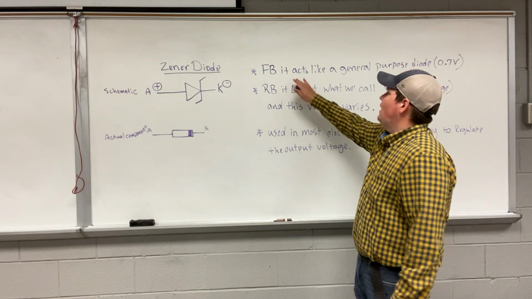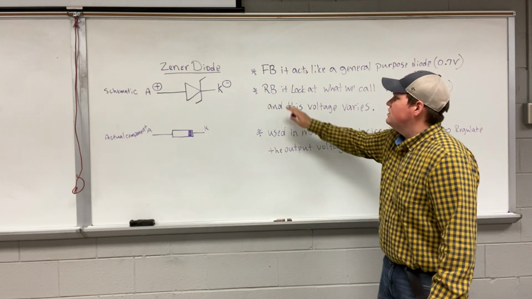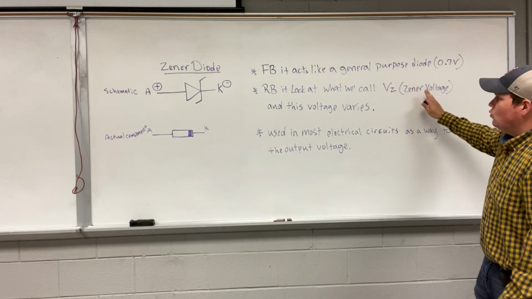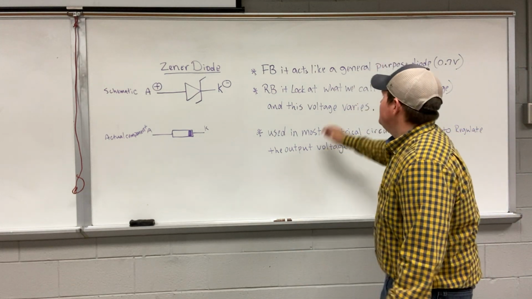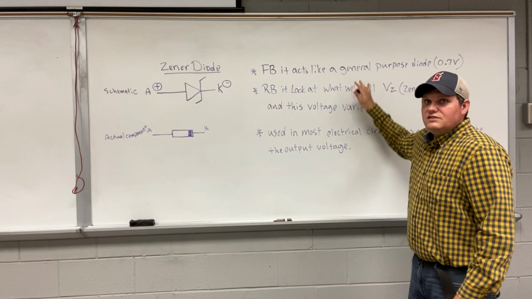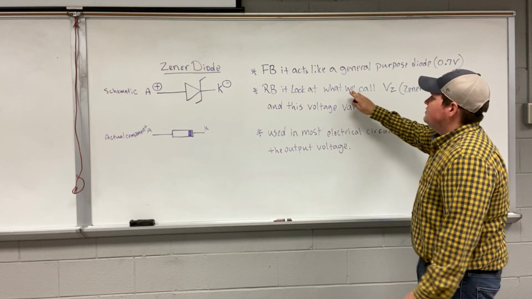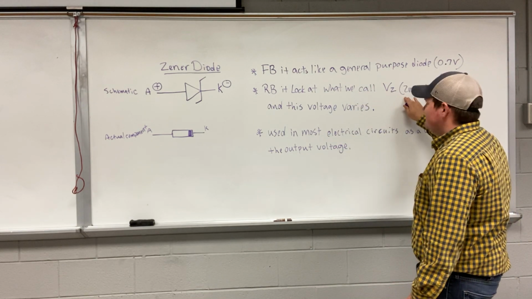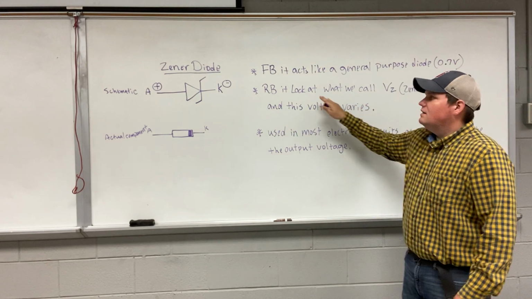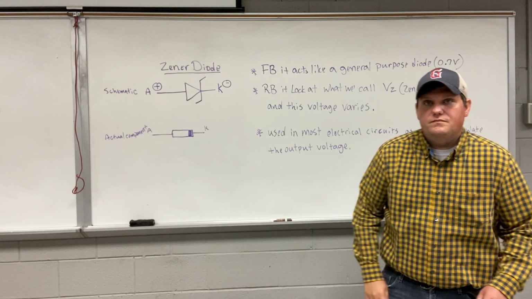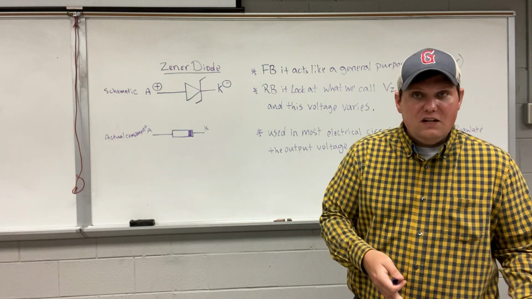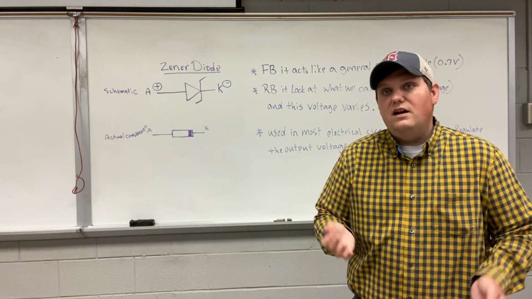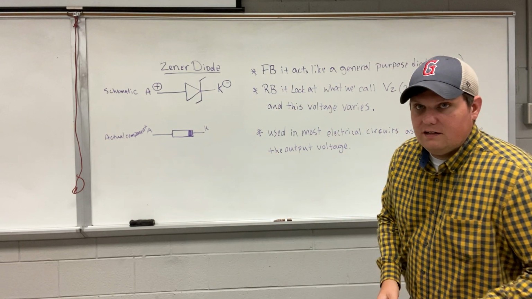Okay? So, forward bias locks at 0.7 volts. Reverse bias locks at whatever the VZ value is. Until it reaches 0.7 volts in forward bias, it's an open. And until it reaches VZ in reverse bias, it acts as an open. So it kind of doubles as a Zener and a general purpose diode, depending on which way it is pointing.